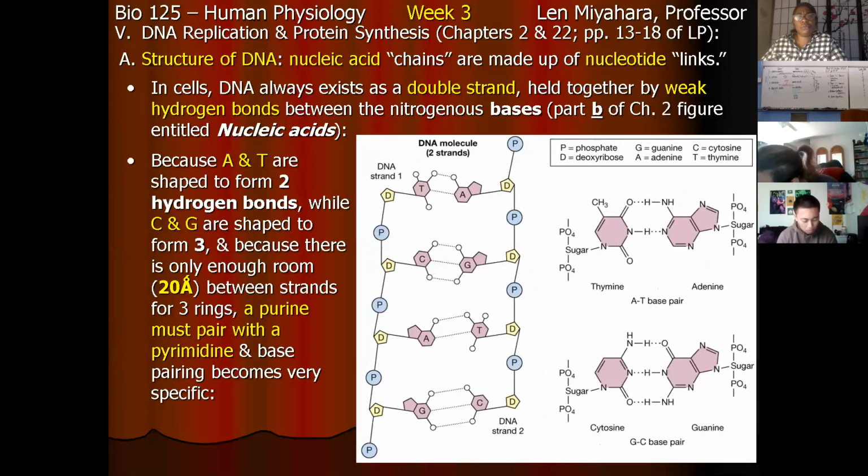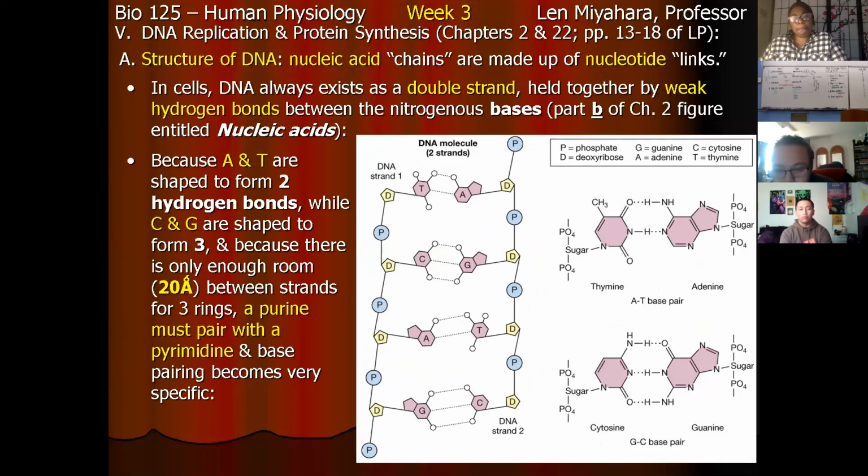Okay, now if you look carefully at these pictures, let's try to look at them with a critical eye. Just don't look at them passively, like you're binging something on Netflix. Look at it with a critical eye. Notice that if we straighten out the double helix, it looks like a ladder. Doesn't it look like a ladder right there?